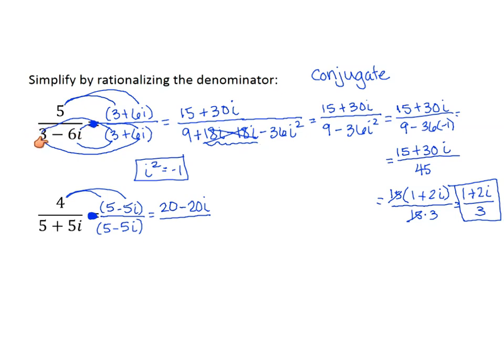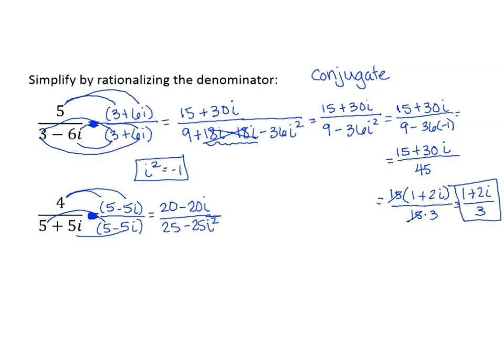That's the whole point of using the conjugate, is so that those middle terms add up to be 0. So I'm only going to look at my first, which is 25, and my last, which is positive 5i times negative 5i is negative 25i squared.